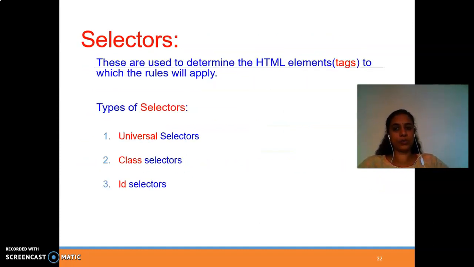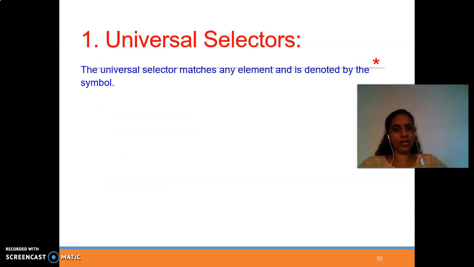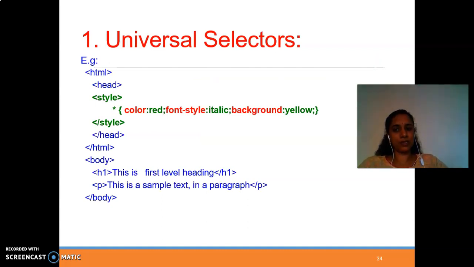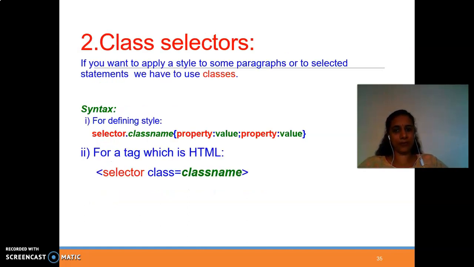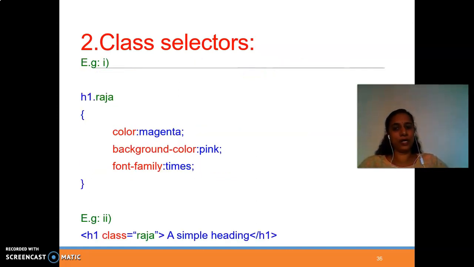So this is what we do, and there are universal selectors, class selectors, and id selectors. Coming to universal selectors, I can simply use one style tag and create one selector like this. And there are class selectors where I can say selector dot some class name. These class names are user defined, like you can create your own class.